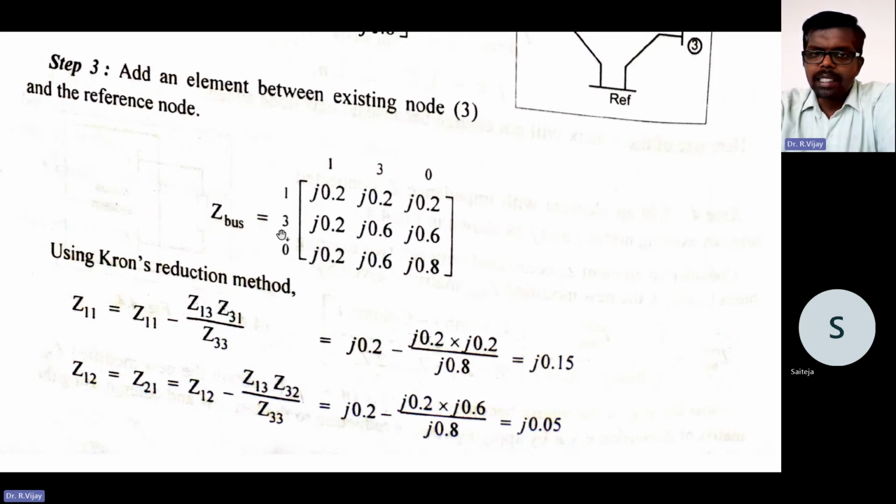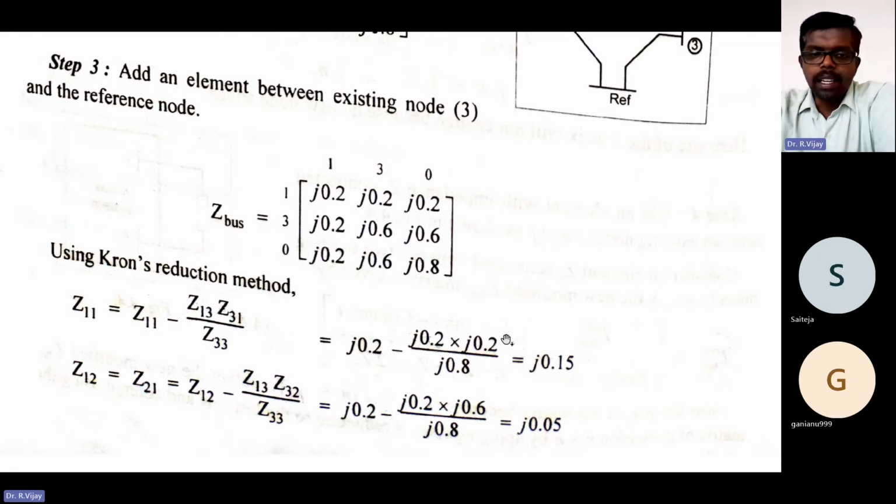They don't take this as reference, because if you take this as reference, again you will get confused. Better you can go with your own numbering, reference number 1, 2, 3 itself. Here also 1, 2, 3, so that you can do it easily. Next Z12 is equal to, so this you need to substitute Z12. Similarly, you will get the answer like 0.05j.